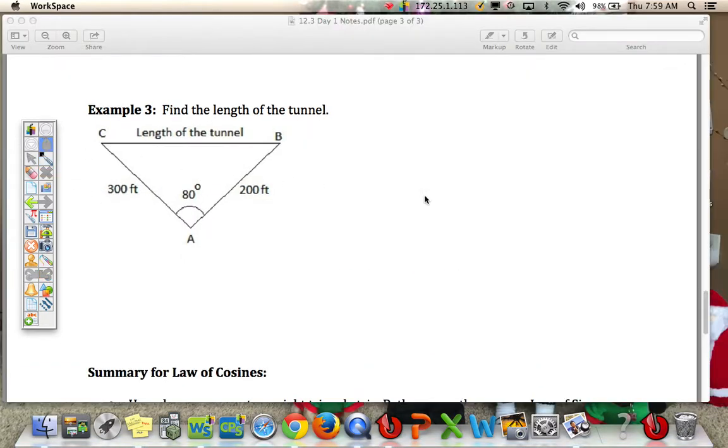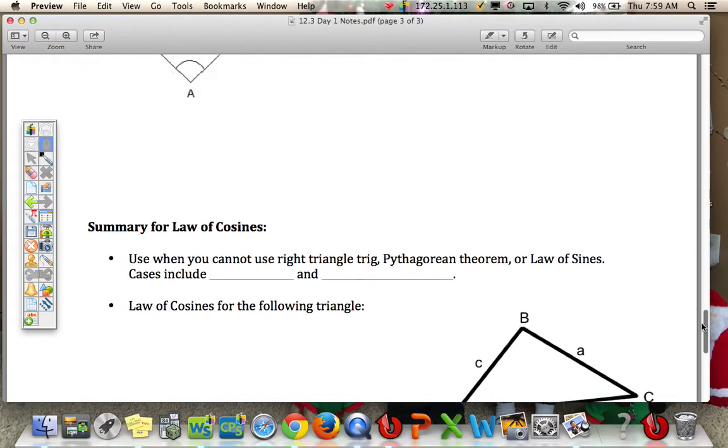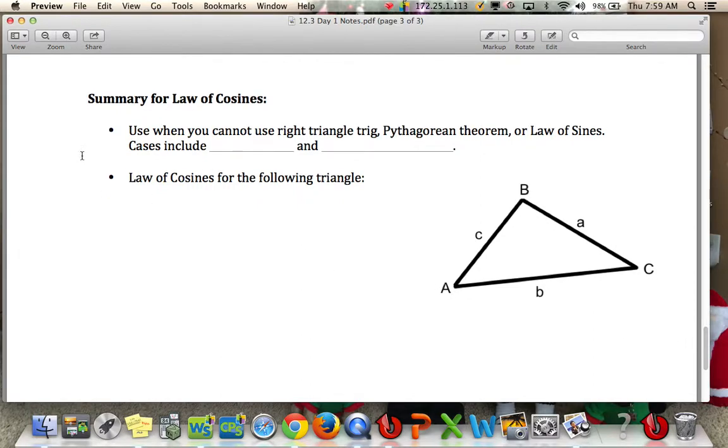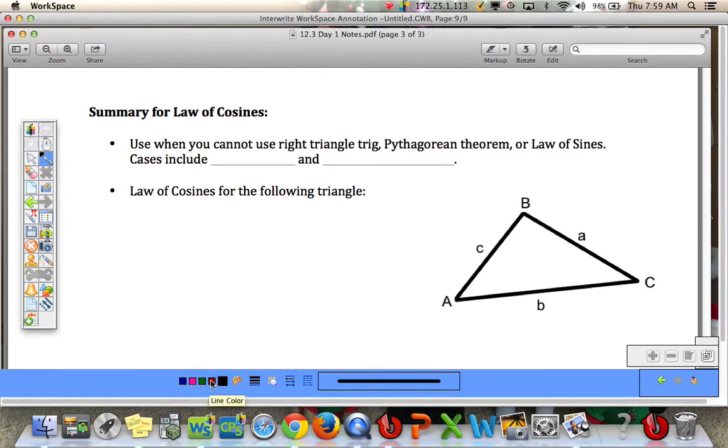So in summary here for law of cosines, use it when you can't use right triangle trig, Pythagorean theorem, or law of sines. So in other words, when you have side, side, side, or side, angle, side.